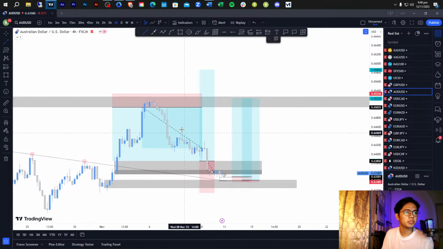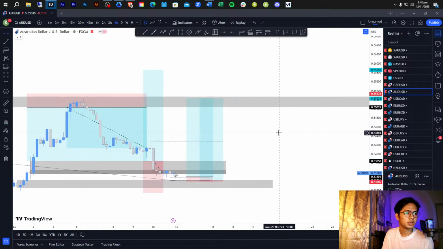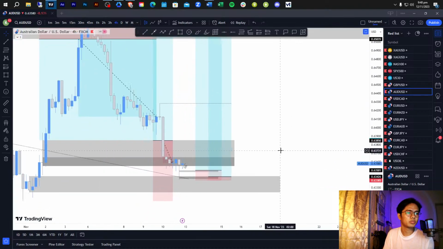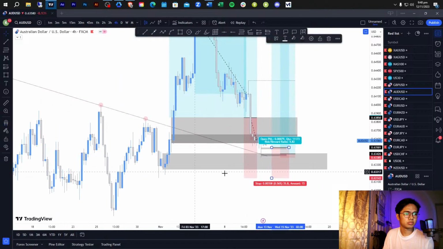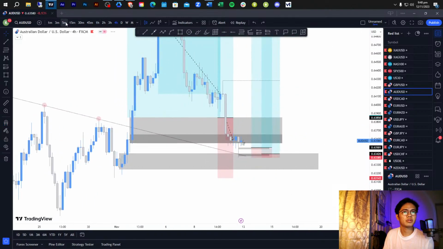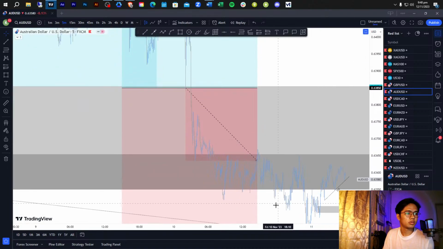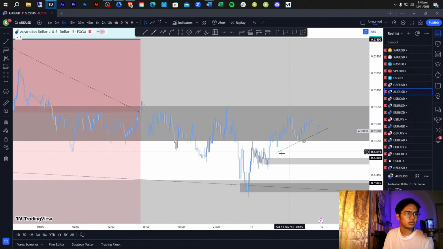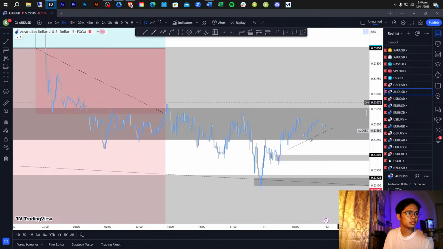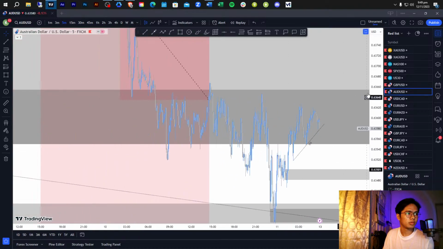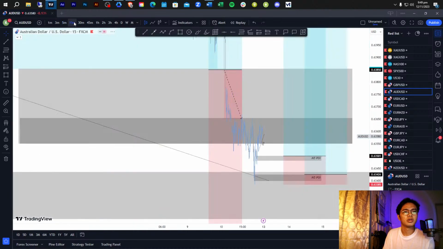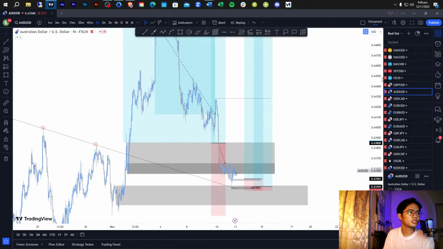Here's our partial TP. This level, yes, this will be the level where we can take our partial profits. This is a safe entry for now, because if we look here, there are really liquidities on this area on the lower time frames. So let's just wait first on Monday, on the Asian session.